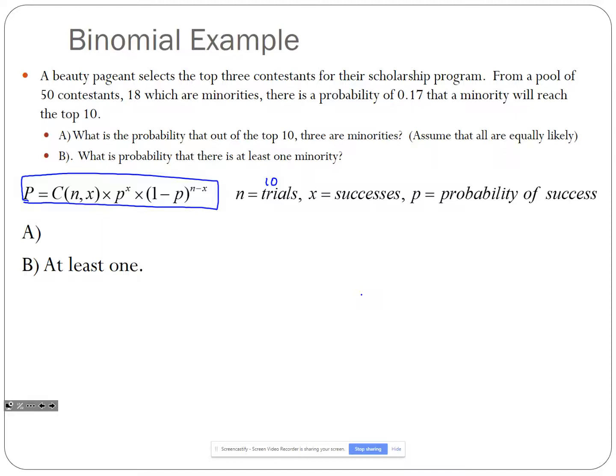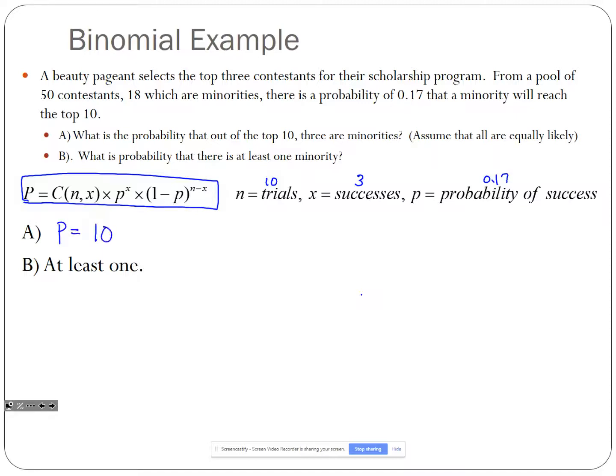X, the number of successes. And here we have to think about, what is a success? Well, how this problem is set up, it would be a success if a minority was chosen. And we want to see 3 of them chosen out of the top 10. And the probability of success, they gave us 0.17. So we have all the things that we need to be able to plug into this equation.